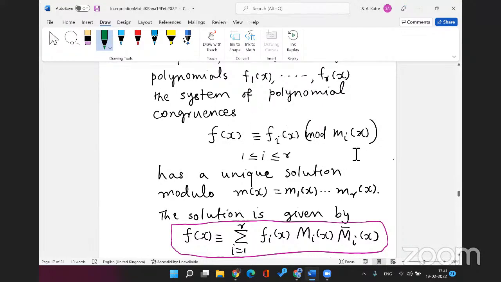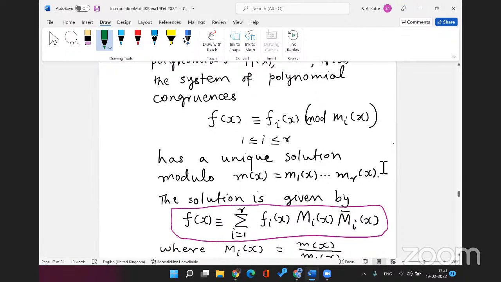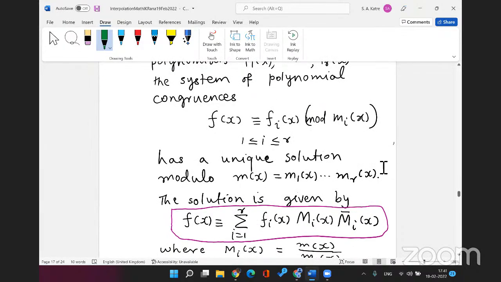And the theorem says if mi are relatively prime in pairs, then this system of r congruences, i equal to 1 to r, has a unique solution modulo m(x) equal to the product m1(x), m2(x), mr(x). So if the degree of m(x) is d, then you will get a unique solution as a polynomial of degree less than or equal to d minus 1.